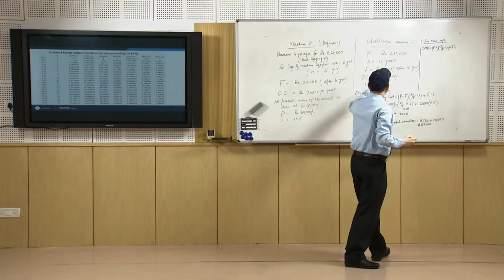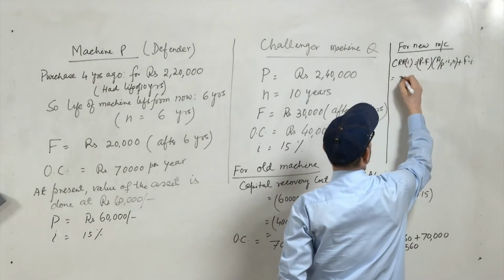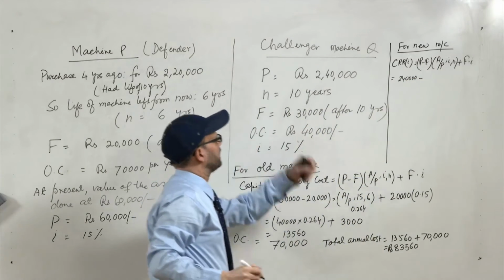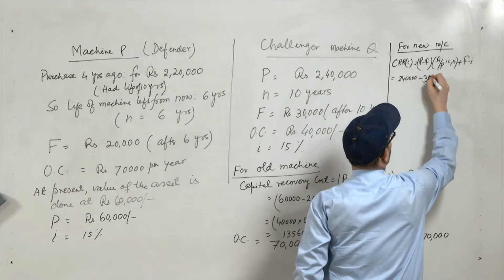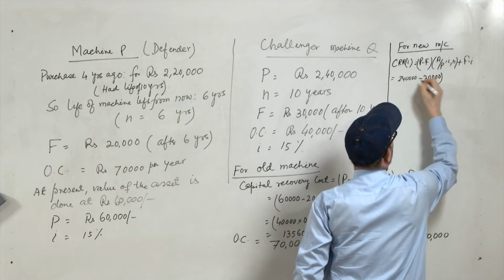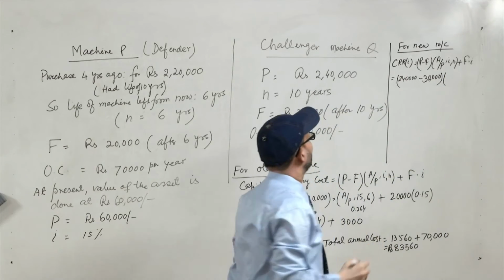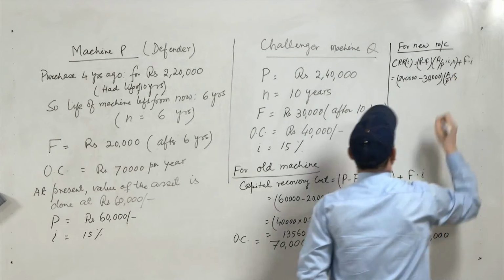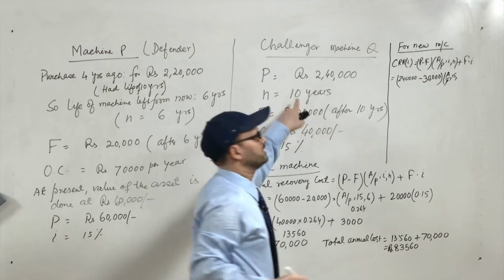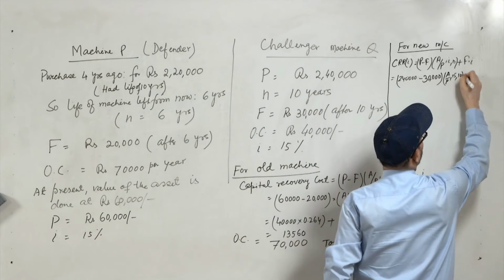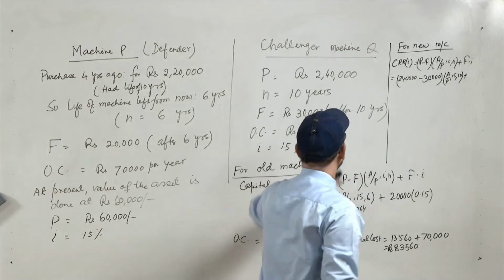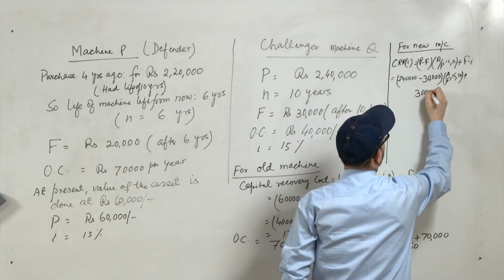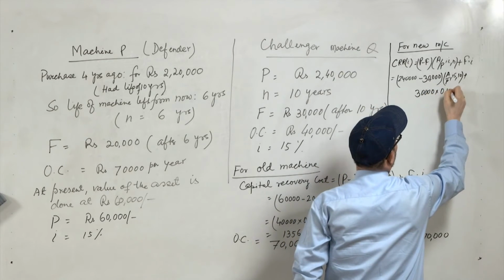In this case P is rupees 240,000 minus its estimated salvage value of 30,000, multiplied by the factor A/P 15, and N is 10 years for this case, plus F, again 30,000, into i, so 0.15.